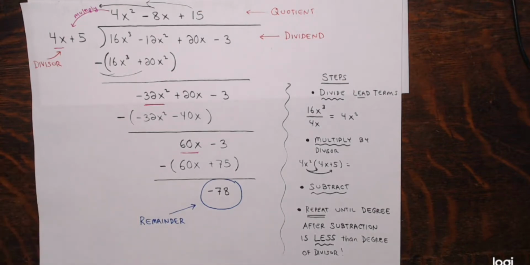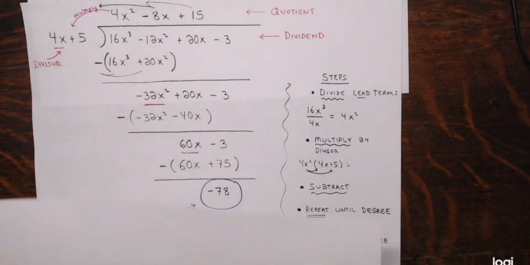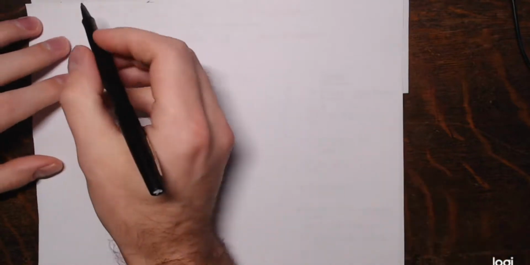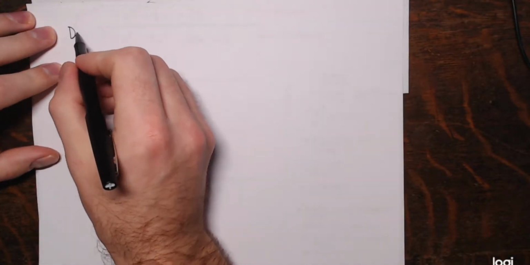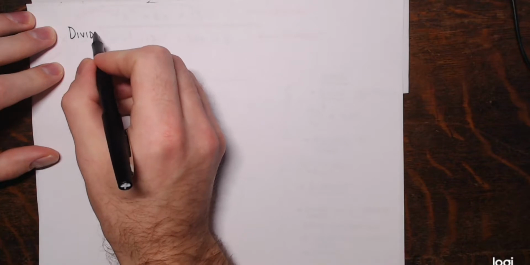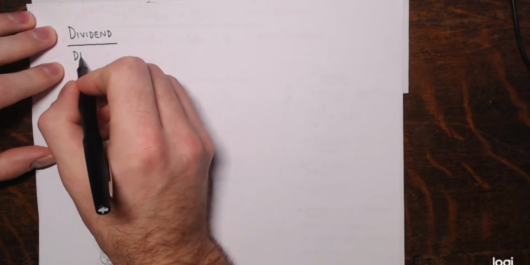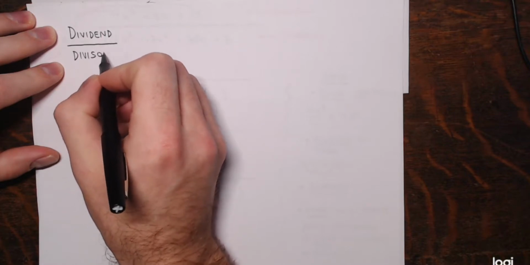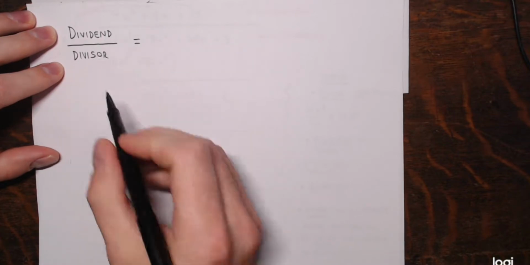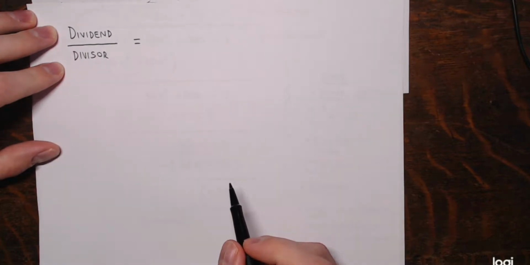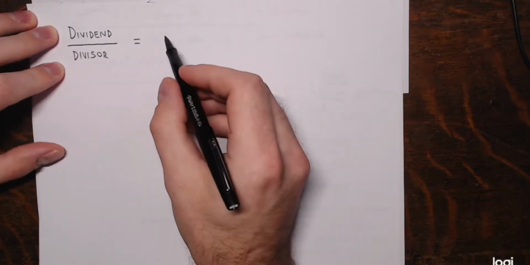Okay, so how do we write the result of division? Right, here's how. And I'll come back to this, obviously. But when you take dividend divided by divisor, here's how, as a fraction, you write the result. You write the quotient, right?